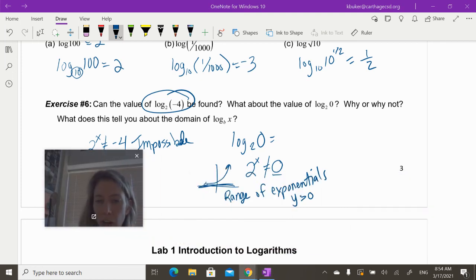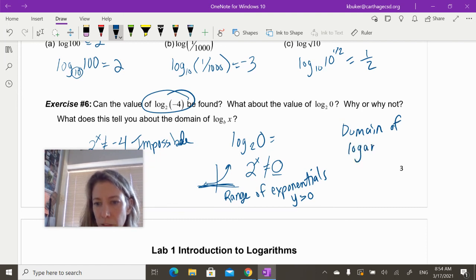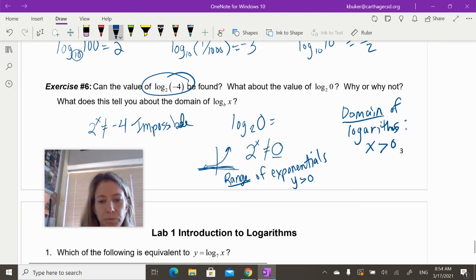So since logs are the inverse, that means the domain of logs must be positive. So x has to be greater than 0, okay? If the range of exponentials becomes the domain of a log, and therefore the domain or the x value, the input must be greater than 0.